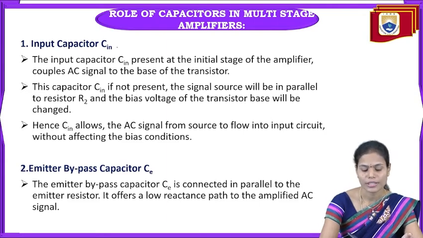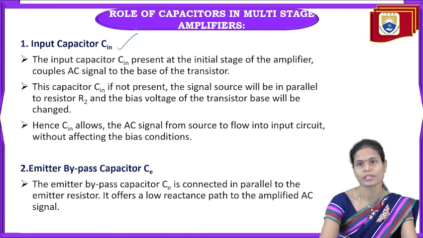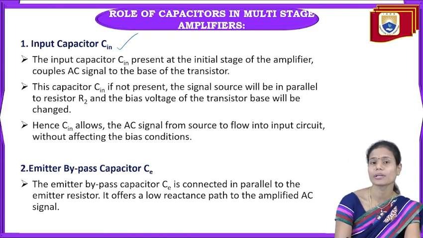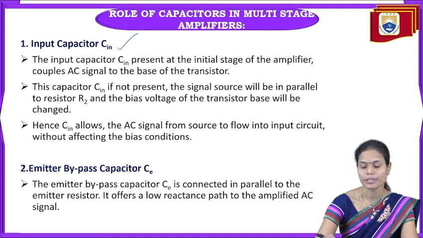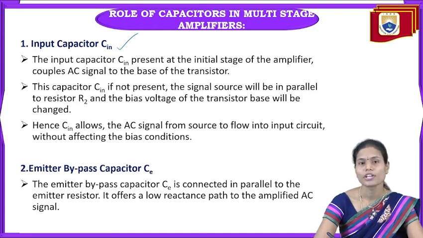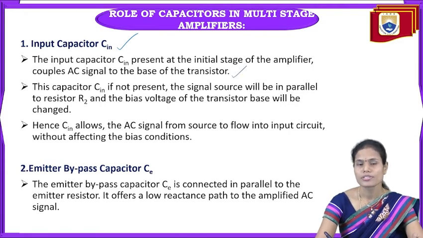First I am taking the input capacitor Cin. This input capacitor is present at the input side of the first stage of the multi-stage amplifier, in order to couple the AC signal to the base of the first stage transistor. Suppose Cin is not present in the multi-stage amplifier.